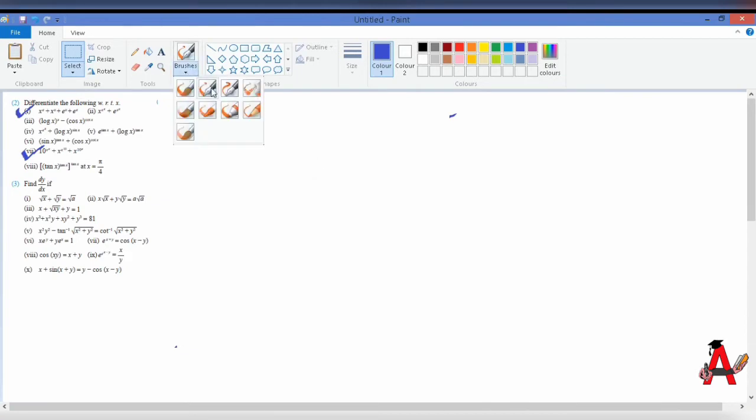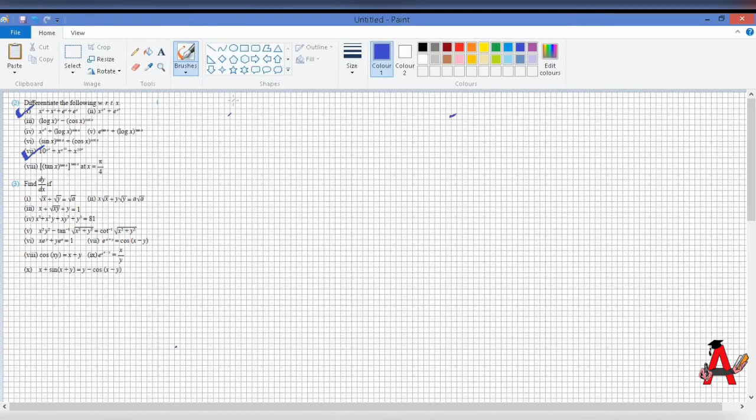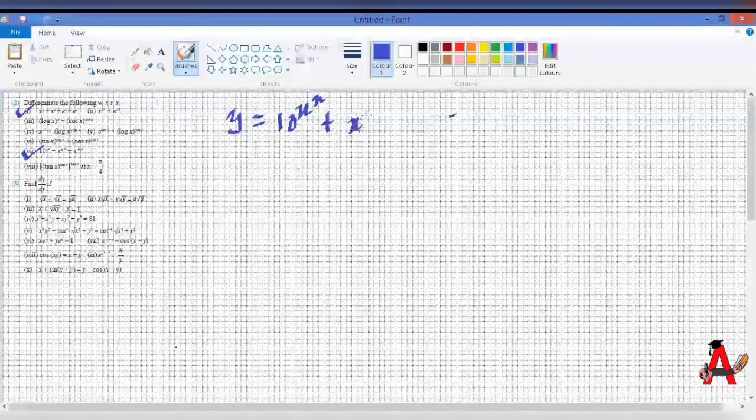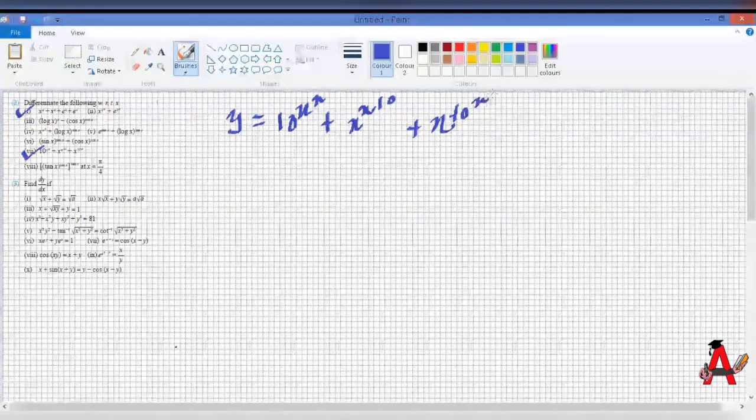Now the question is y is equal to 10 raised to x plus x raised to 10 plus x raised to 10 raised to x.